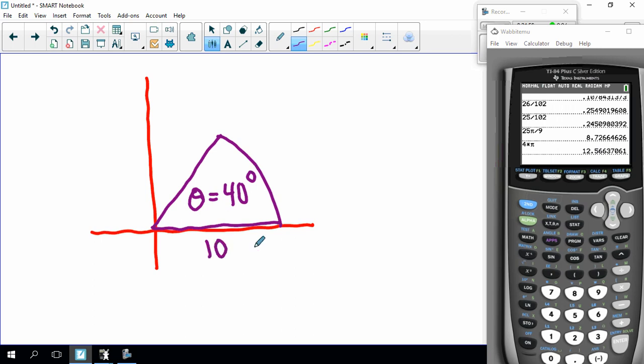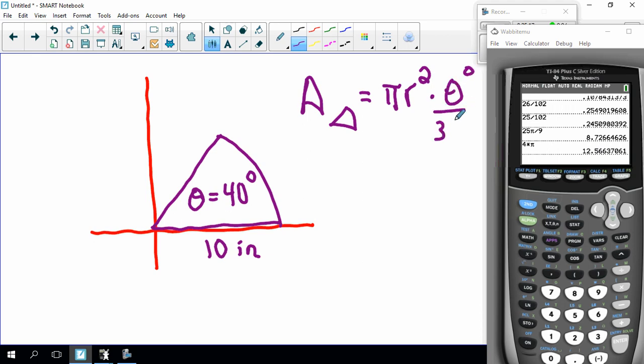And this is 10 inches. Now I'd like to find the area of the sector. So the area of the sector, of course, is pi r squared times theta in degrees over 360.